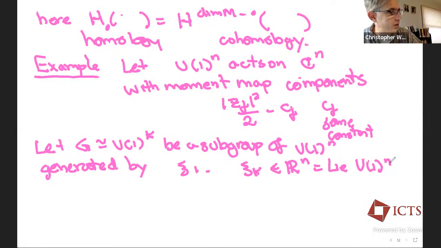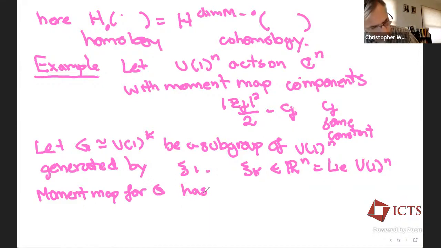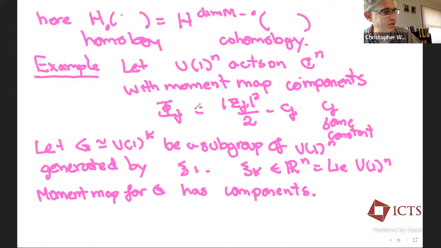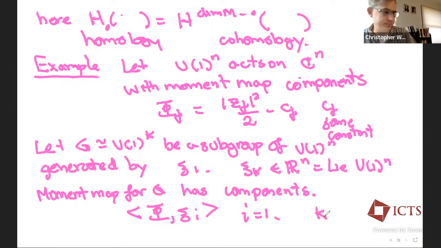So then the moment map for G has components. Let's call these components phi_G. So then I pair these with the ci for i equals 1 to k.